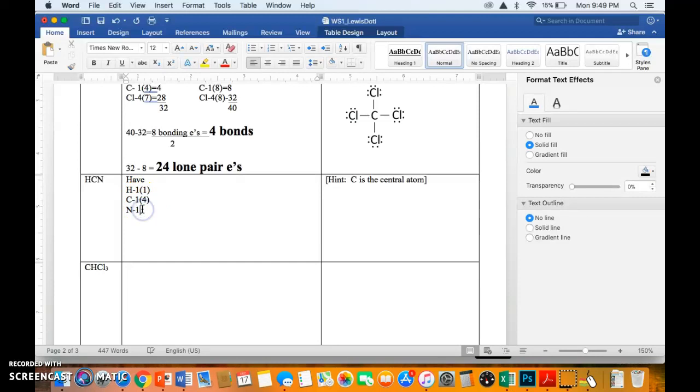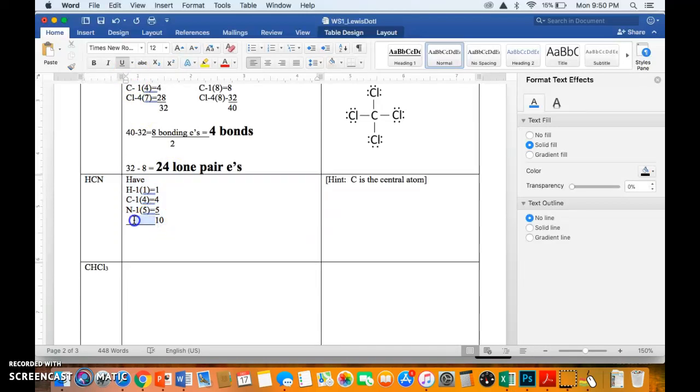How many does nitrogen have? 5. 1 times 1 is 1. 1 times 4 is 4. And 1 times 5 is 5. I add these up. 1 plus 4 plus 5 is 10. So my have, step 1, is 10.